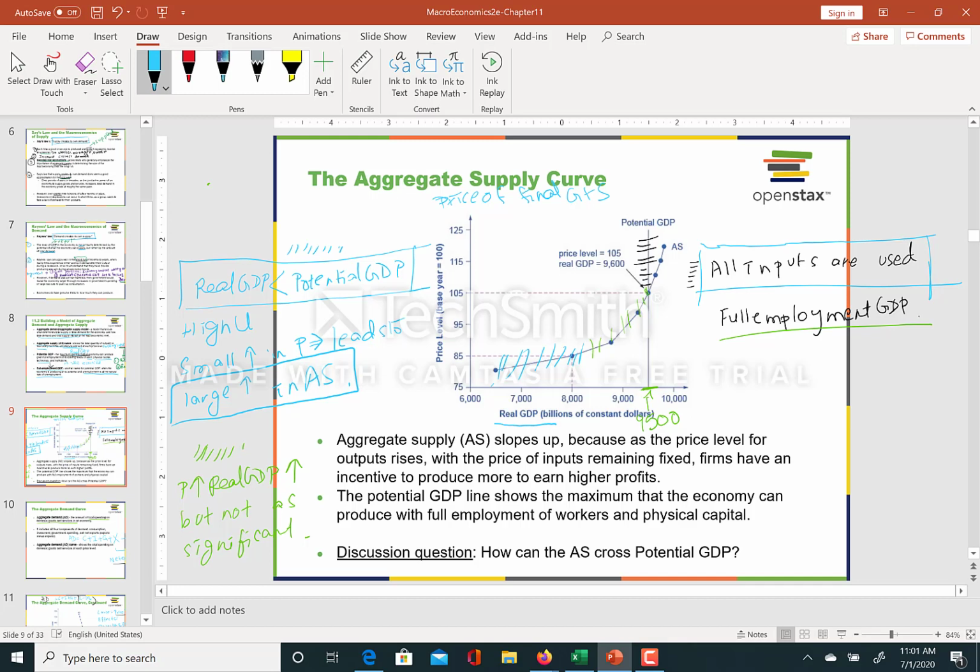The reason for this is when prices are increasing, the firms want to produce more to earn higher profits.